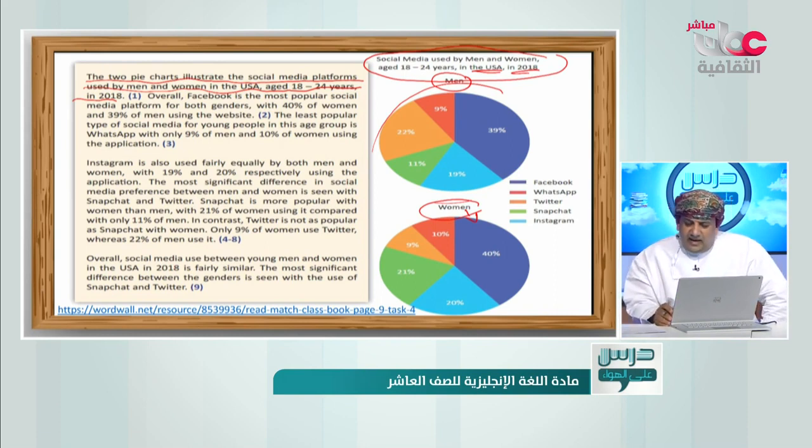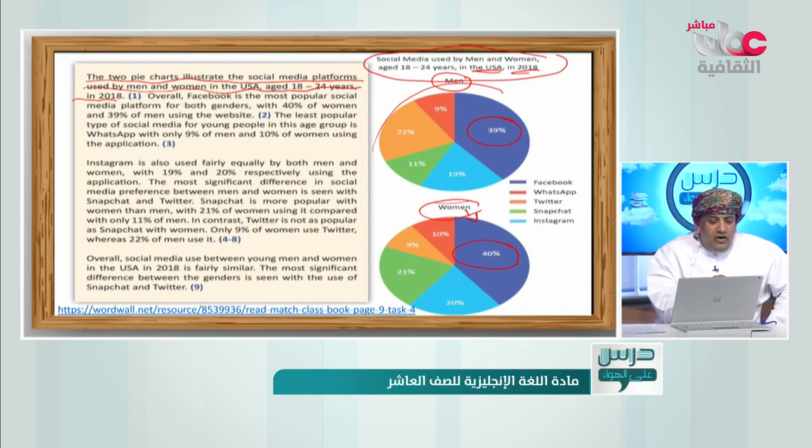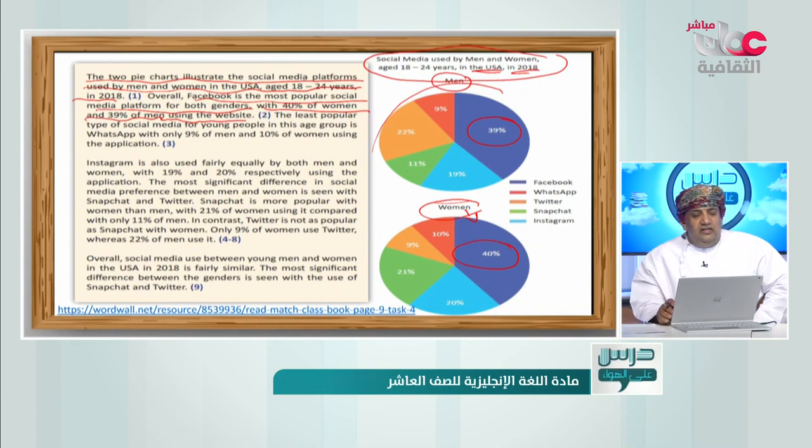As you can see here, the most popular social media used is Facebook, because we have here 39 for men and 40 for the women. So we should write the first sentence. Overall, Facebook is the most popular social media platform for both genders, with 40% of women and 39% of men using the website.